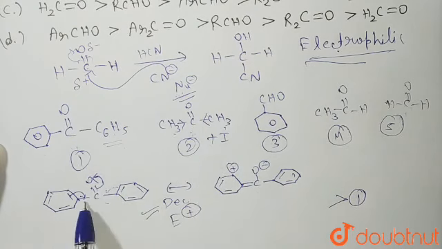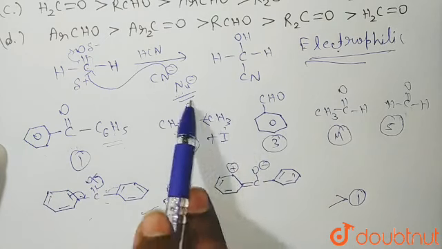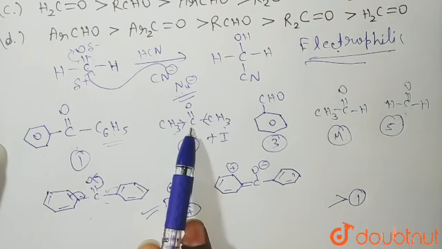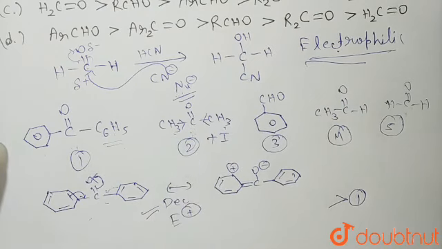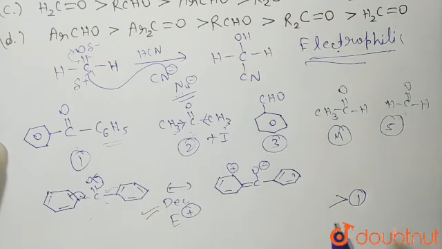Why? Because here resonance is taking place and here inductive effect is taking place, right? So that's why this will be more electrophilic in comparison to this, but still it is less electrophilic. As I said, this will be more electrophilic in comparison to this. So let's write here like this, 2, 1. Let's see the next one.